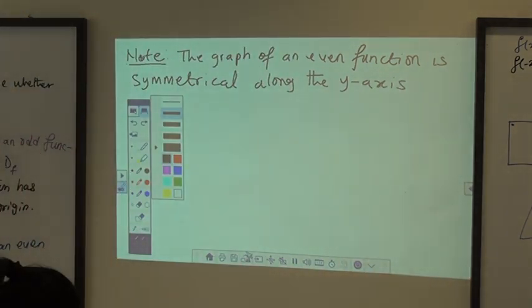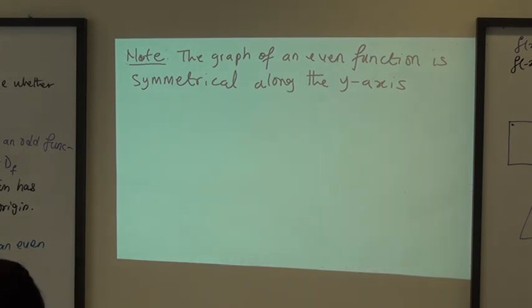We'll take some examples. Let's go straight to the exercise. If you have your book, go to exercise 6A on page 153. Exercise 6A on page 153. Are you there yet?